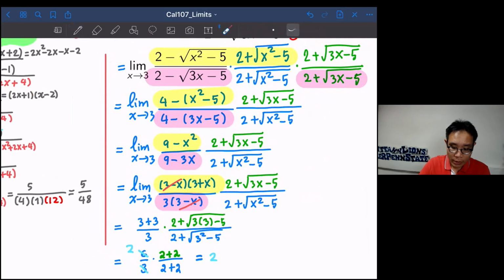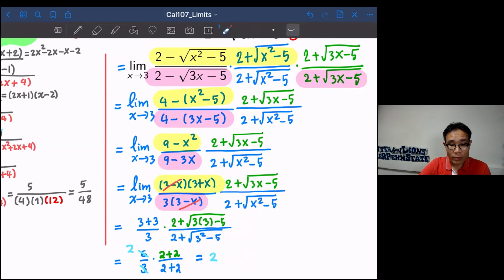You may have to concentrate on the yellow one and the pink one, and after simplification you get rid of the term that caused the problem, which is 3 minus x, and then you are able to plug in x equal to 3. Then you're going to get the final limit equal to 2. So this is the final answer.